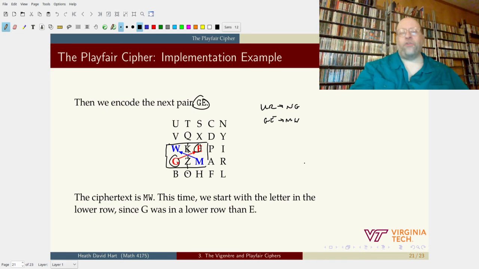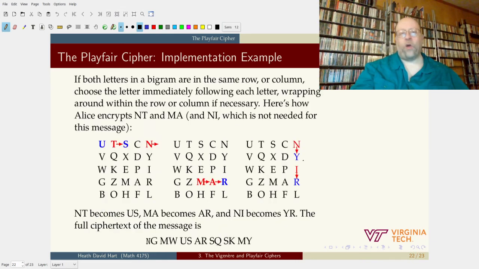We have a special case, and that's what if the letters in the bigram don't generate a rectangle? They all lie on the same row or the same column. So if both letters are in the same row or the same column, then what we do is we just advance each letter along that row.